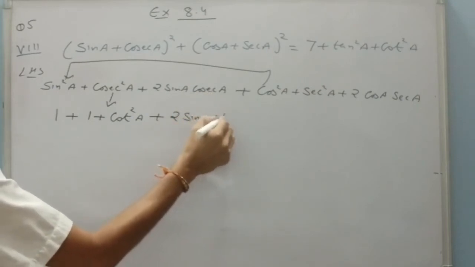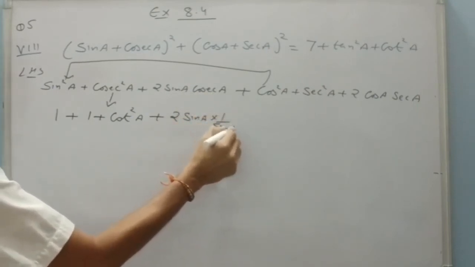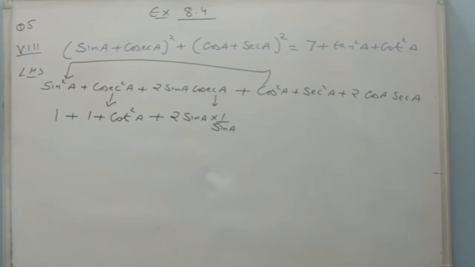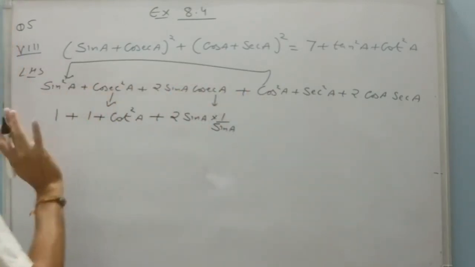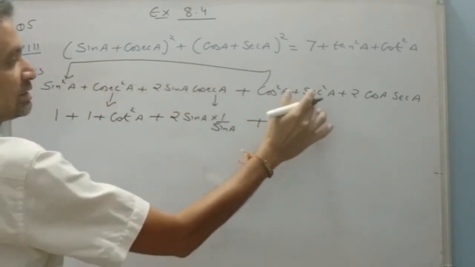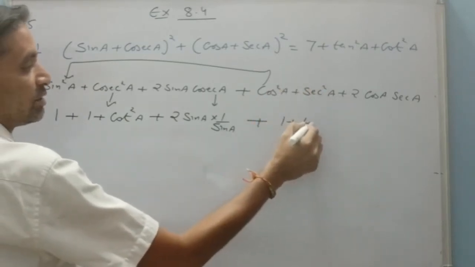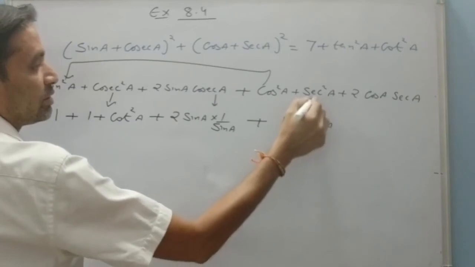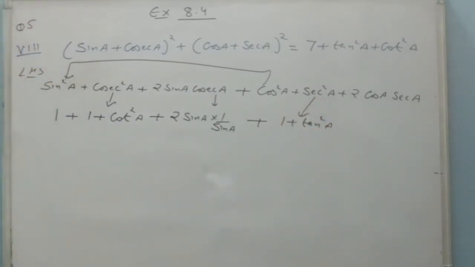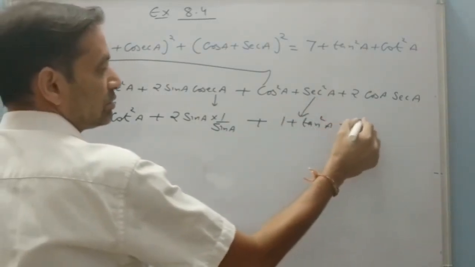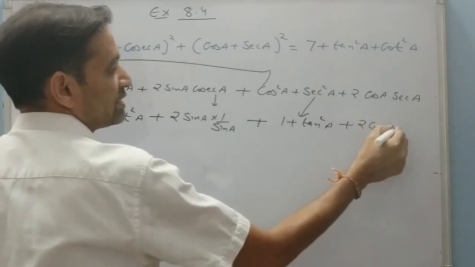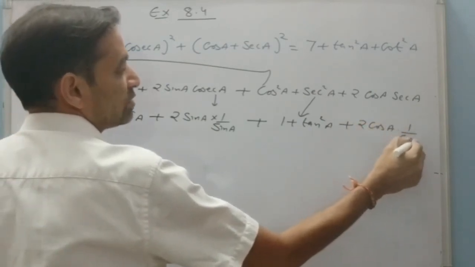Cosec can be written as 1 upon sine. This cos square is already used, plus sec square. Again, sec square can be written as 1 plus tan square. Similarly, 2 cos a as it is, sec can be written as 1 upon cos.